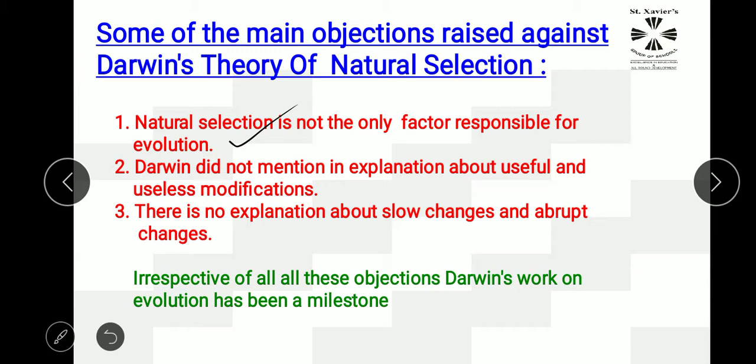Darwin did not explain useful and unuseful modification. Students, you must have observed whenever we use a specific part of our body, for example, an ironsmith continuously uses his hands while working with iron materials in his job, and that's why his hands become tough like iron.